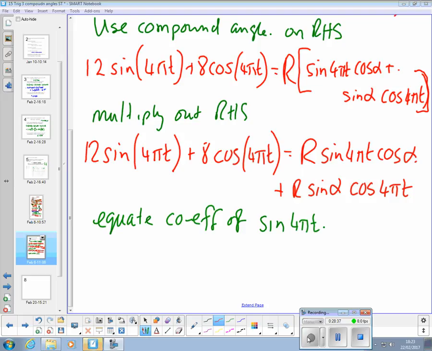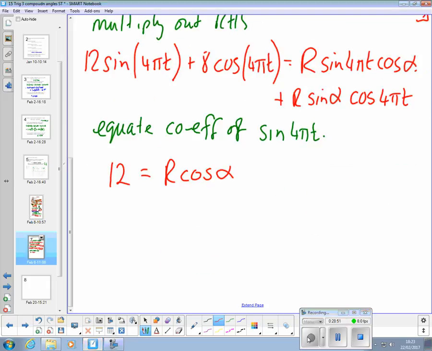We've got 12 sine 4 pi t, and that rearranges to, and cos 4 pi t.